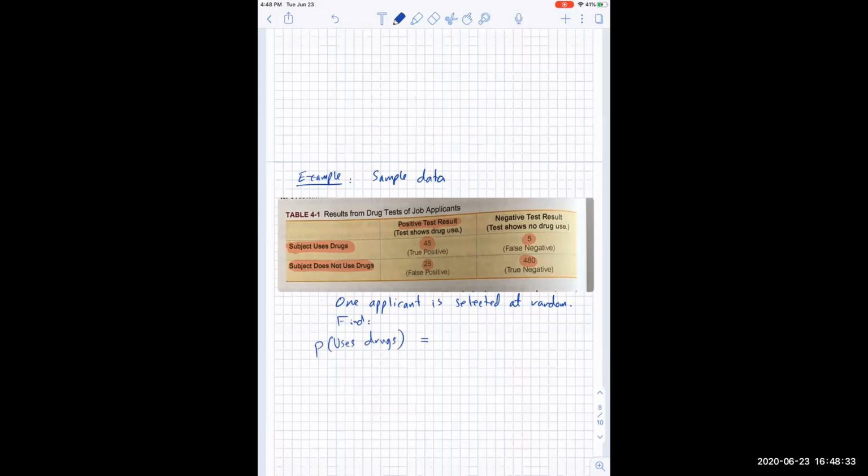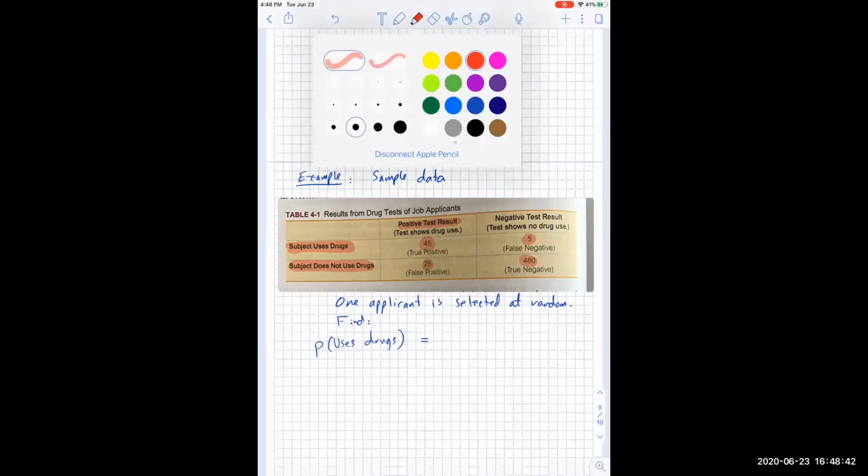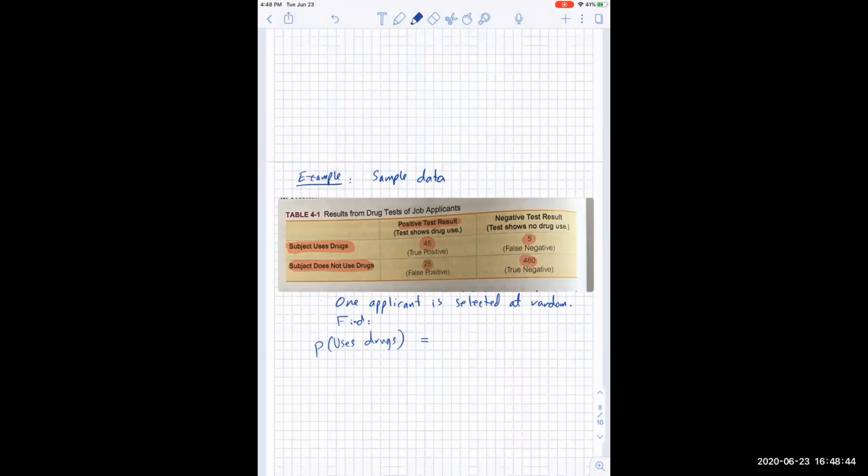So what do I do? I look at the table. I look at the first row. That's the row where it talks about subjects who use drugs. What is the total number here in the first row? 45 and 5, right? So I will say 45 plus 5 over the total.